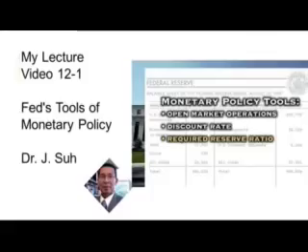Number 2, the market for loanable funds and government policy. 3, deriving the aggregate demand curve. 4, movement along the aggregate demand curve. 5, shift in aggregate demand curve. And then 6, short-run aggregate supply curve. Here is the first video.